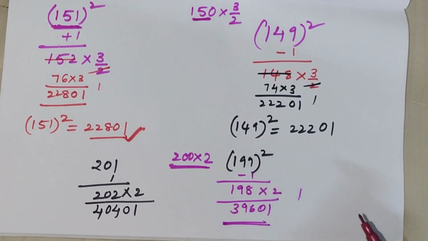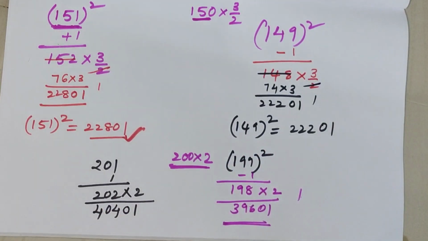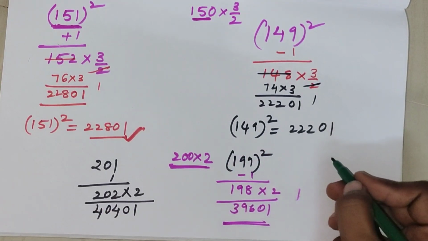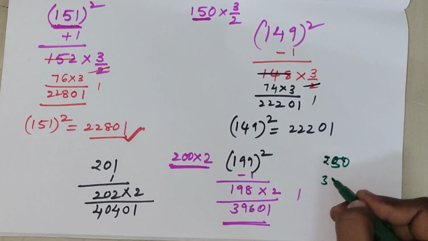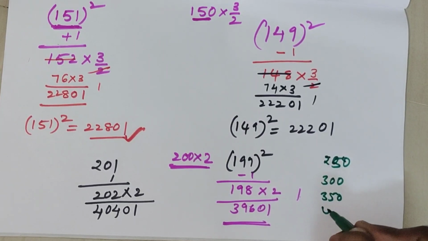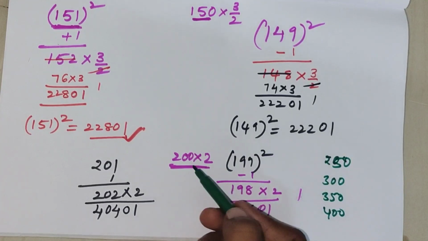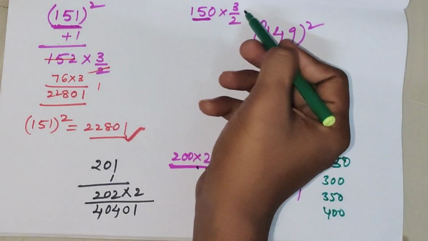This is the square of 199. Then further also we can go. Suppose you want to go for the multiplications of 250, or the multiplications of 300, we can go with the multiplications of 350 and 400 as well. Here 200 means 2, 150 means 3 by 2.